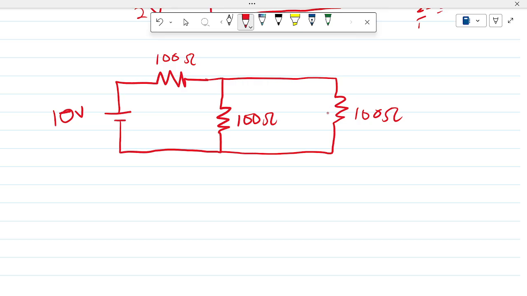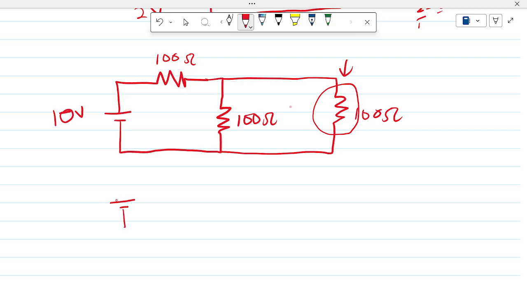So we want to solve and know the current that is going to pass through this 100 ohm resistor. So like I said, we treat this as a bulb and we take it out.